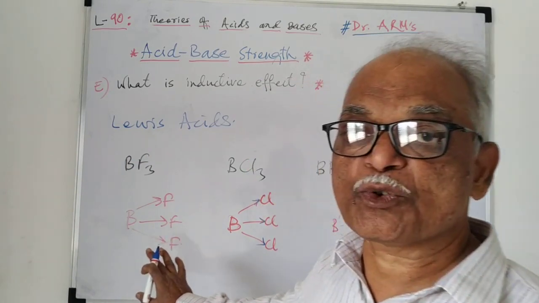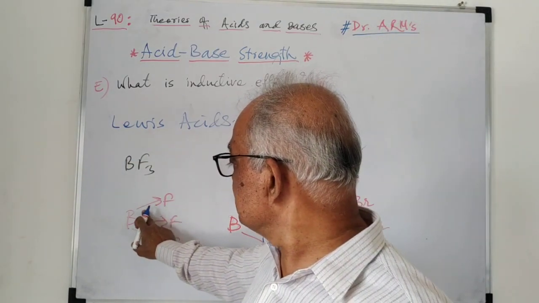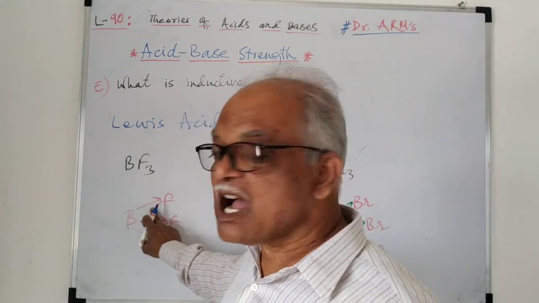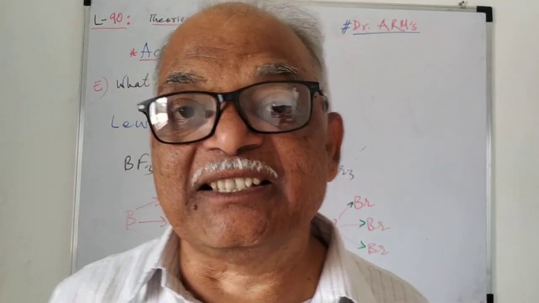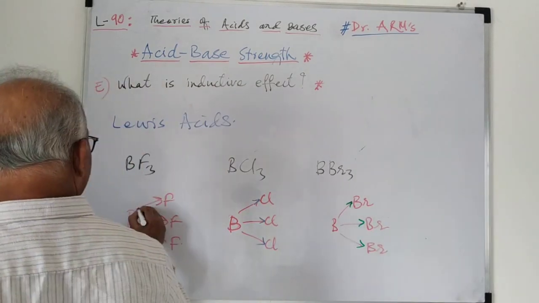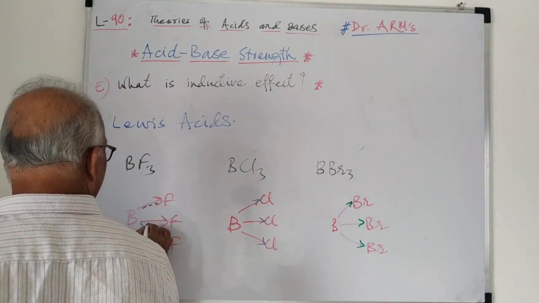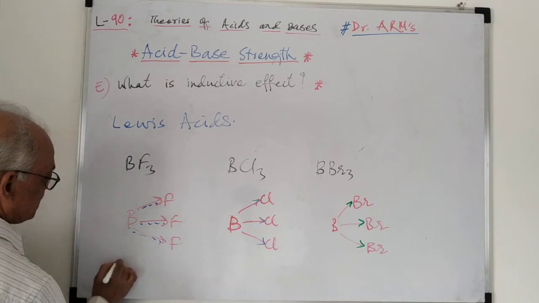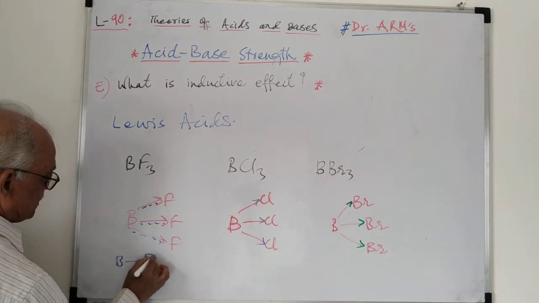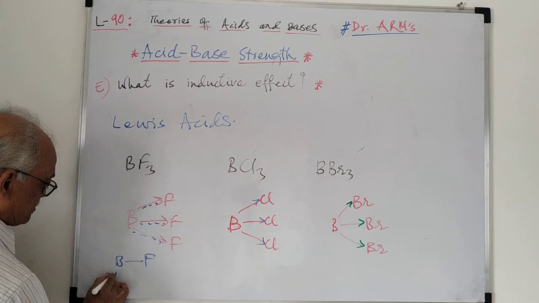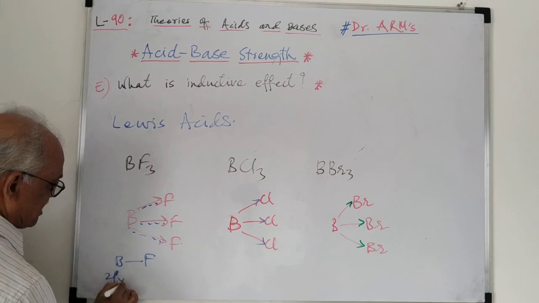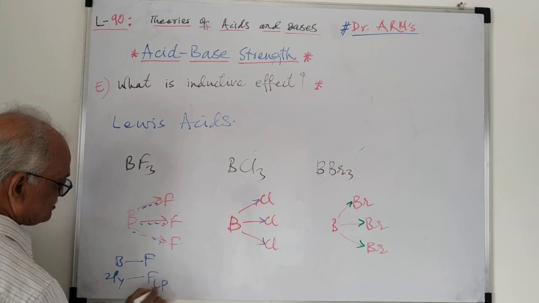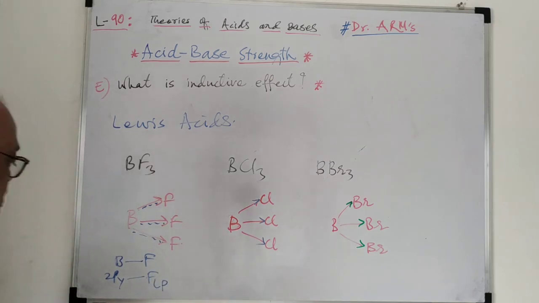But this is not so, because the fluorine and the boron 2p orbital are showing back bonding. That is, they are showing pi bonds like this. There is formation of a pi bond between the boron 2p orbital and the fluorine lone pair.